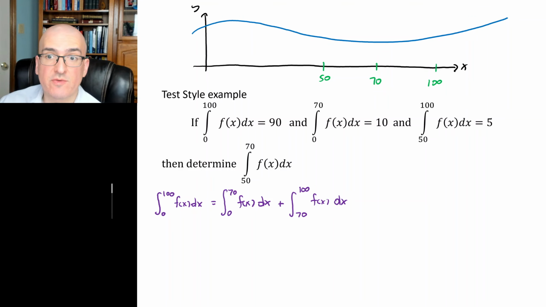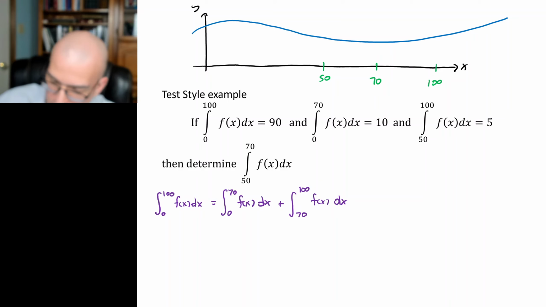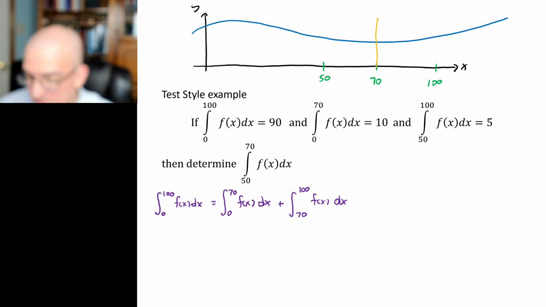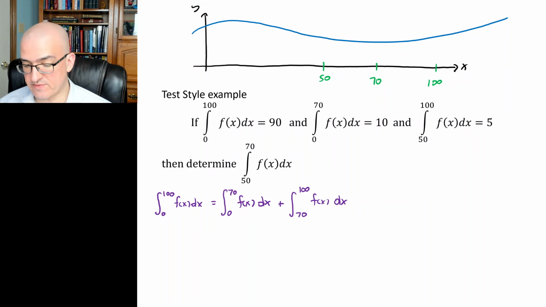And if I sketch out what that looks like, that's breaking it at that point. But the problem is I do have 0 to 70, but I don't have 70 to 100. So I have to think of a different way to split this based on the information that was given to me.